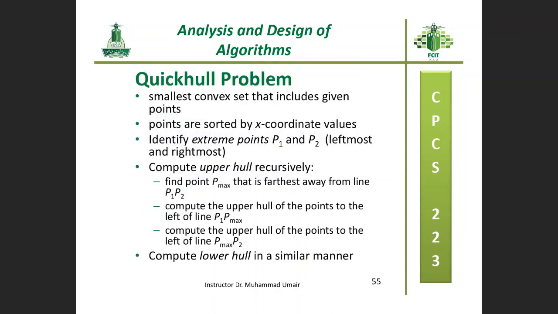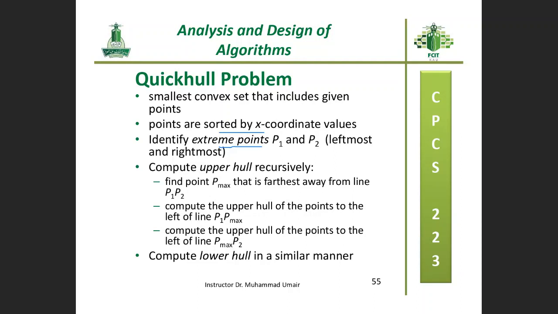So what is the approach for divide and conquer? First of all, you have to sort the points with respect to x coordinate and identify the extreme points with respect to x. That can be easily determined.